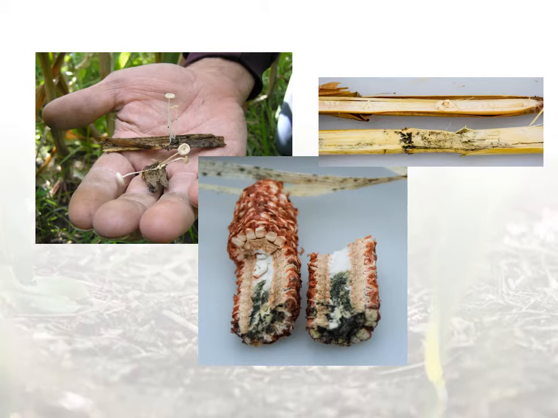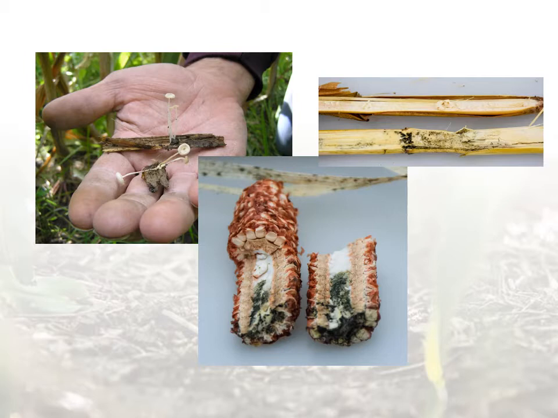You split that corn cob open, and that pith is starting to have that influx of fungi or bacteria moving in and decomposing or breaking down that white material in there. Same thing goes for the corn stalk. We're starting to see those residues break down. They're losing color already. Those are good signs of high residue breakdown.